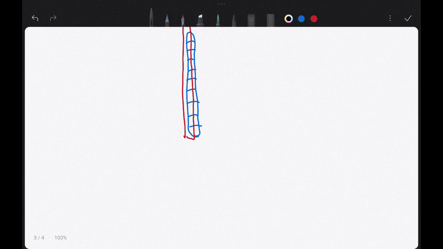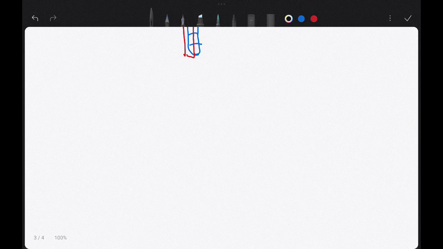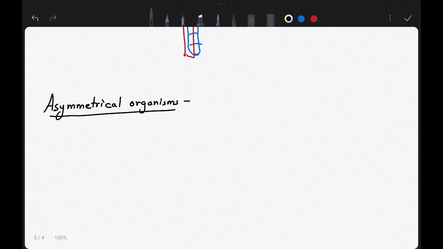Now one important thing you need to know is that there are also asymmetrical organisms. Now what is asymmetry? Asymmetrical organisms do not possess any symmetry. Suppose this is the organism, they do not possess any symmetry.